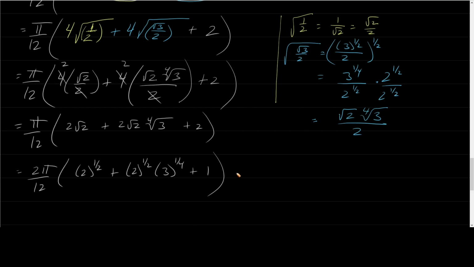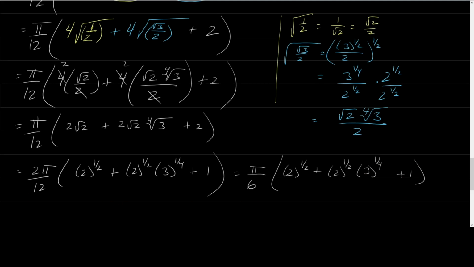The last thing that we can really do here is write this as pi over 6 times 2 to the 1/2 plus 2 to the 1/2 times 3 to the 1/4 plus 1.